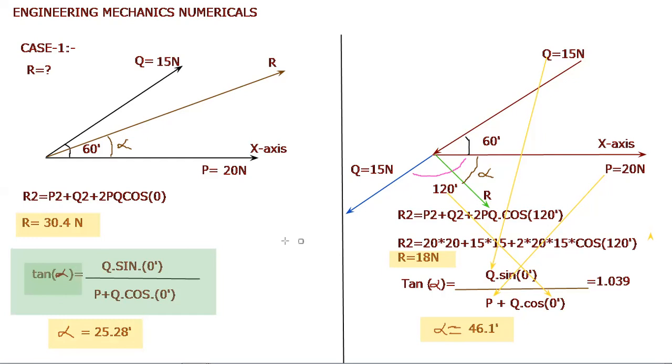So in this way, we are able to find the exact angle made by resultant with the horizontal x-axis. So remember, this alpha is the angle made by resultant with horizontal x-axis. In both cases, you can point out the difference.